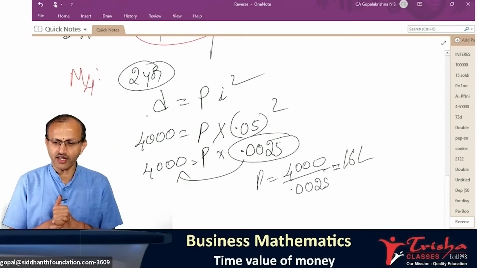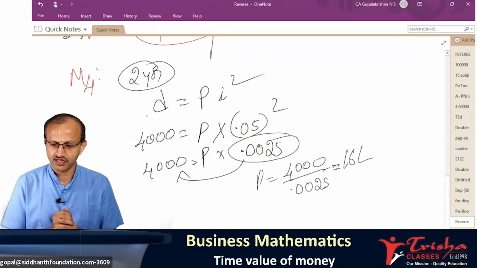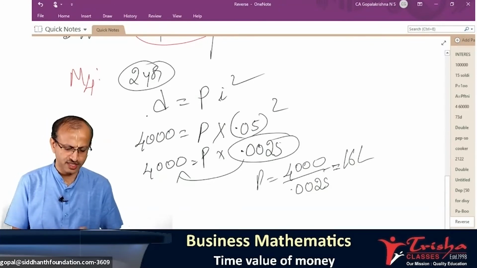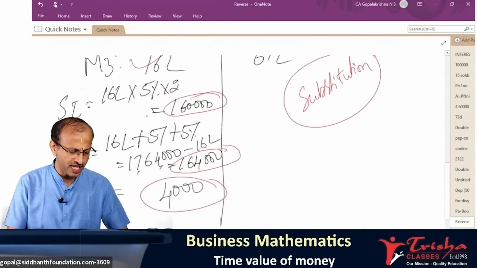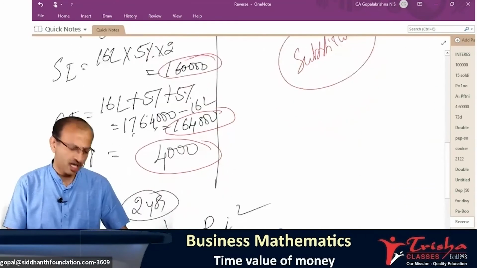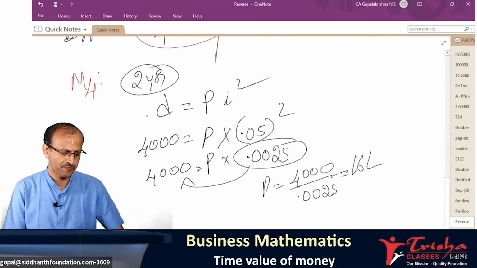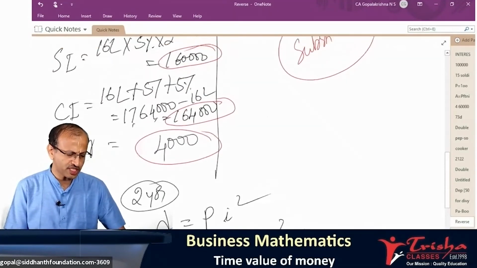Okay. Now I'll tell you which is the best method. This method is applicable only for 2 years. So the best thing I always say is method 3. If there are 2 years, you can straight away go for method 4 also. Substitution is the best method.